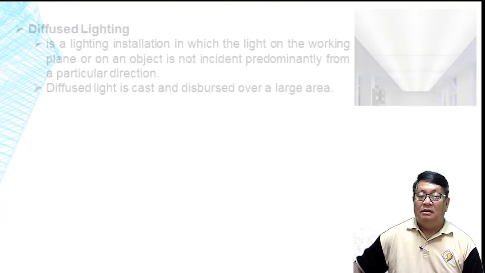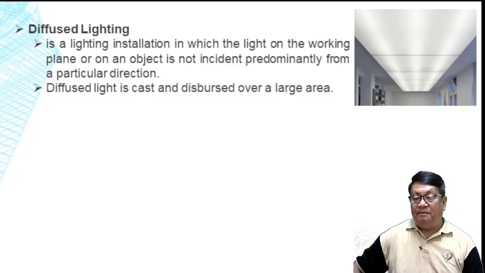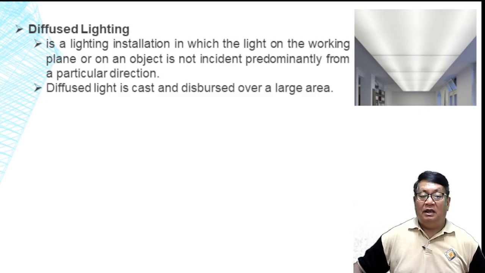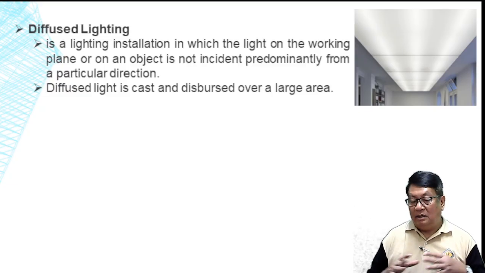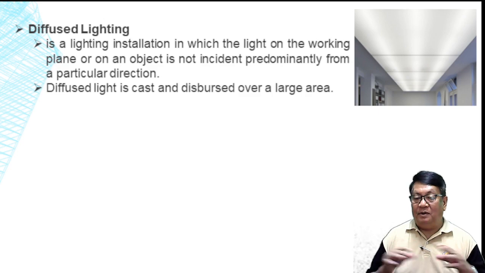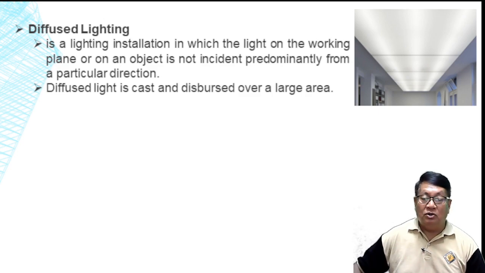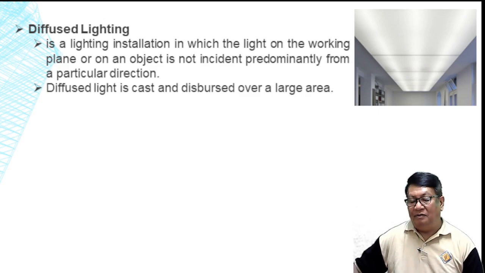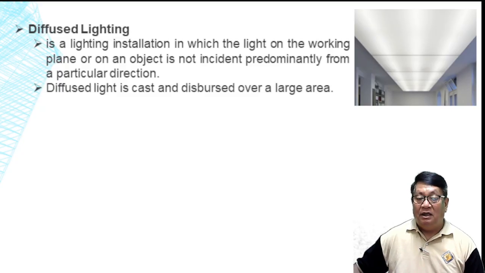Okay. So we have also this diffused lighting system. Diffused lighting system, it is not focused, no? We have to diffuse so as to reduce also the glaring amount of the lighting system.